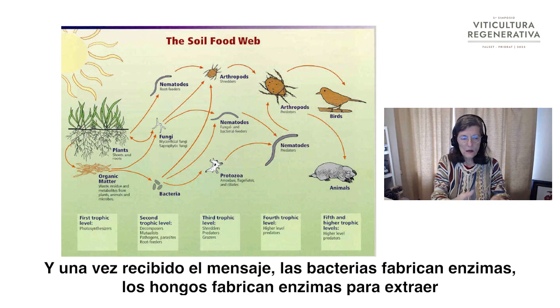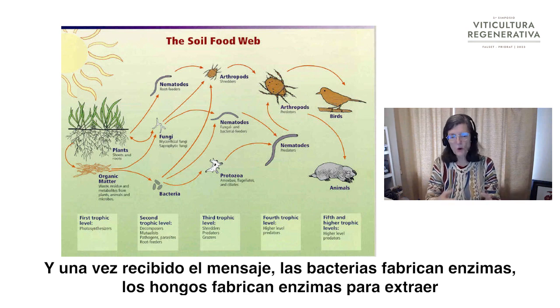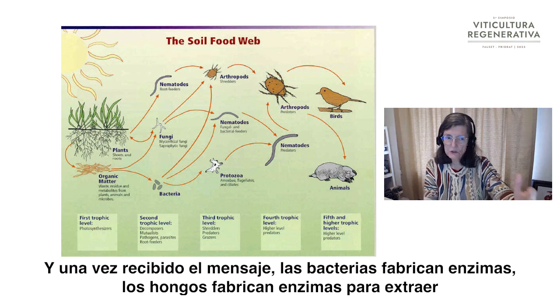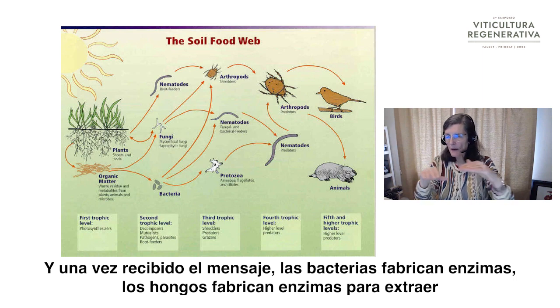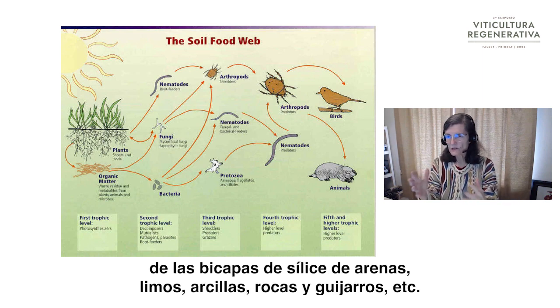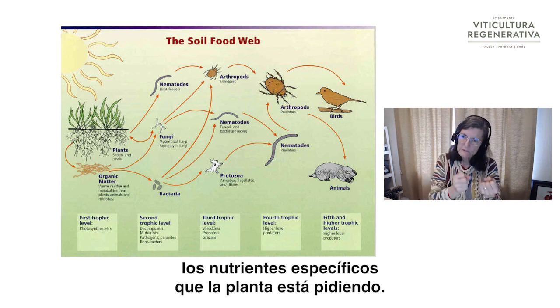So the message is going out, the bacteria and the fungi make the enzymes to go and pull from the silica bilayers in the sands, the silts, the clays, the rocks and pebbles, etc. And so they're going to pull out the specific nutrients that the plant is asking for.